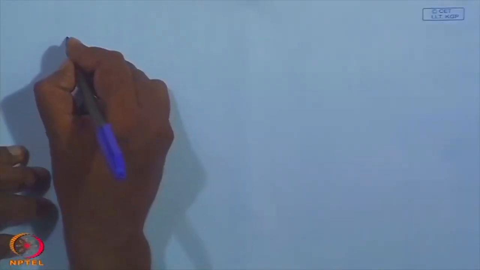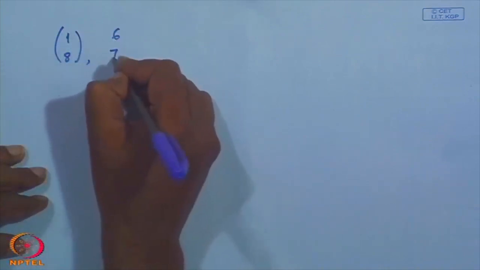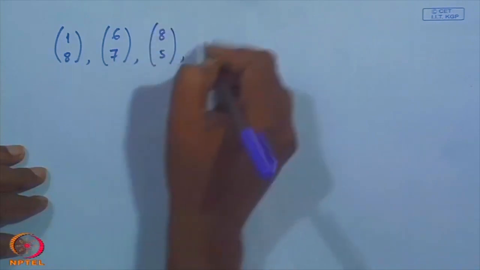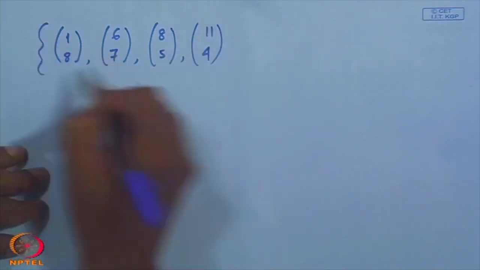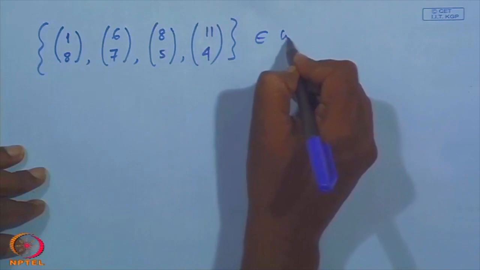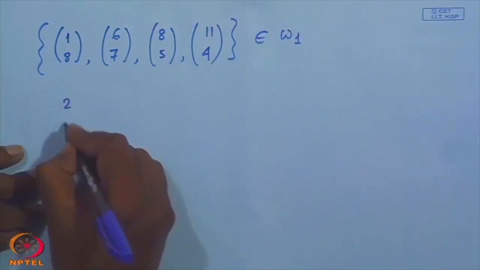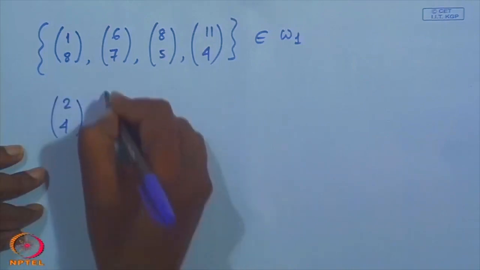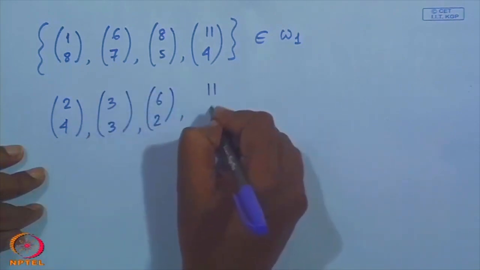So, I get a situation something like this. Suppose you have been given a set of feature vectors, say 1, 8, 2-dimensional feature vectors, then 6, 7, then 8, 5, then 11, 4. So, this is the set of feature vectors which are taken from class omega 1. And I have another set of feature vectors, say 2, 4, maybe say 3, 3, maybe 6, 2, and suppose 11, 1.